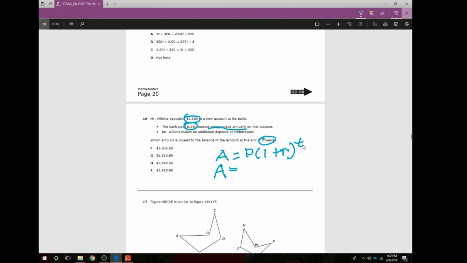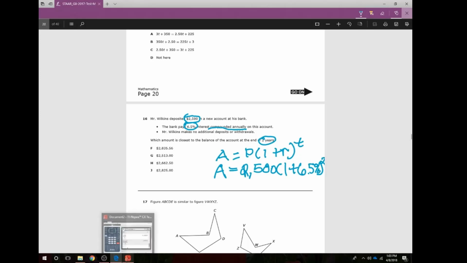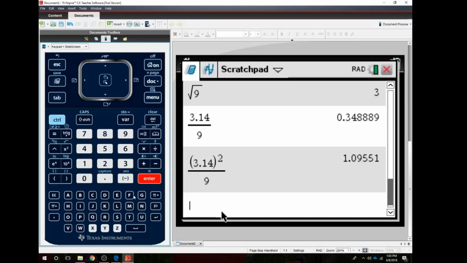Remember, my principal is the amount of money I start off with. So it's 2,500. So 1 plus my interest rate, which is 6.5%, and then raised to the power of 2. All right, so I go to my calculator and I press 2,500, parentheses 1 plus 6.5 to get the percent.